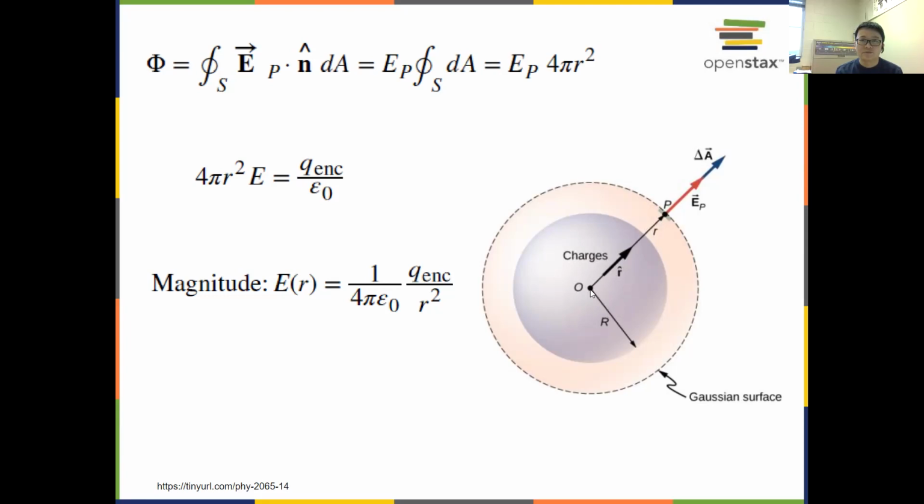So now it's a spherical distribution of charge. What will be the electric field at that point where this distance is r? You can draw a sphere with the center at this point with a radius of r, enclosing this spherical charge distribution.